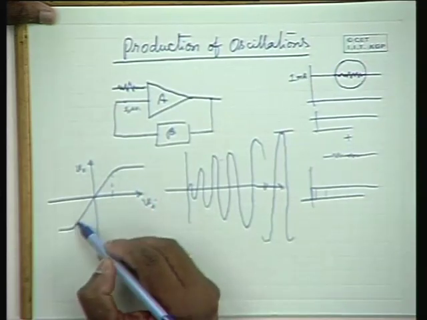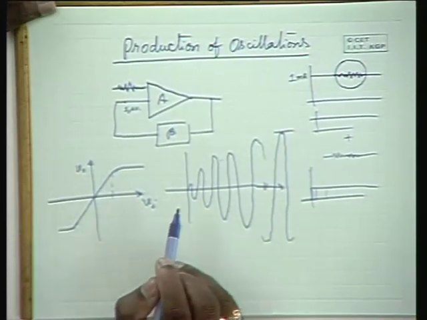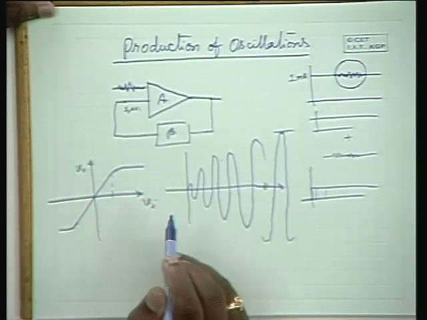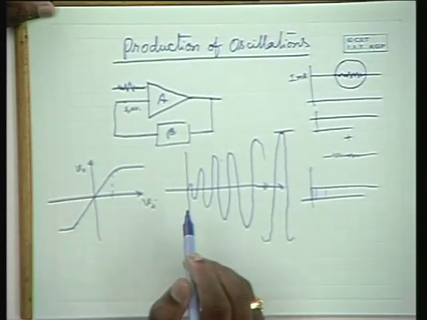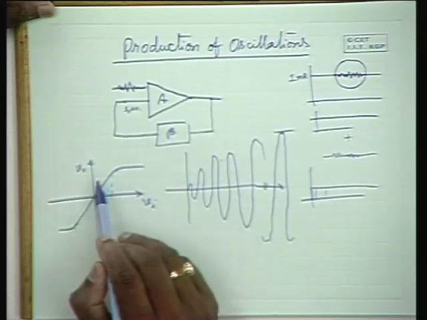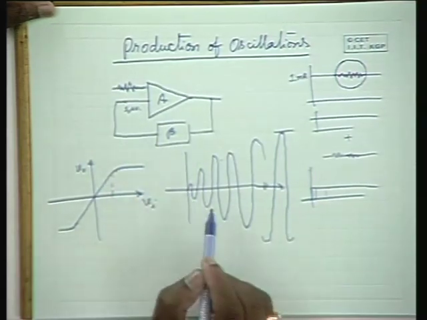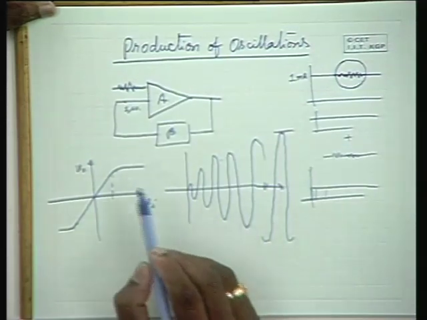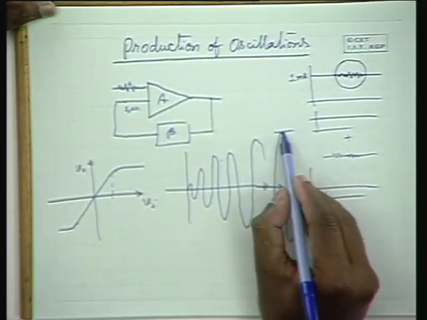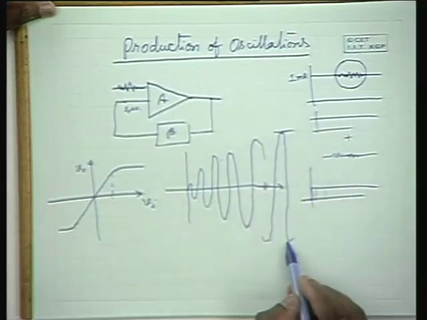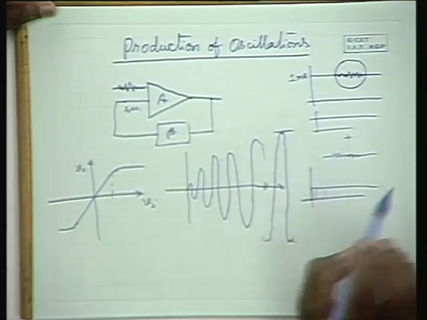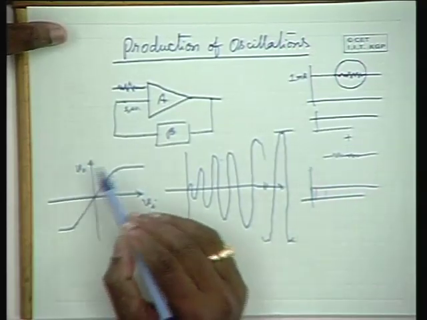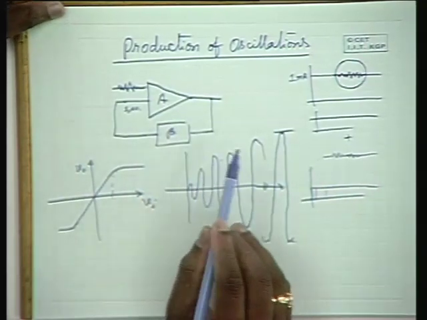Hence, the moment the signal enters the nonlinear region, the gain gets lowered automatically, and at a certain amplitude level A beta will be equal to 1, and the build-up of the oscillations stops at that particular amplitude, because at that amplitude level A into beta is equal to 1.